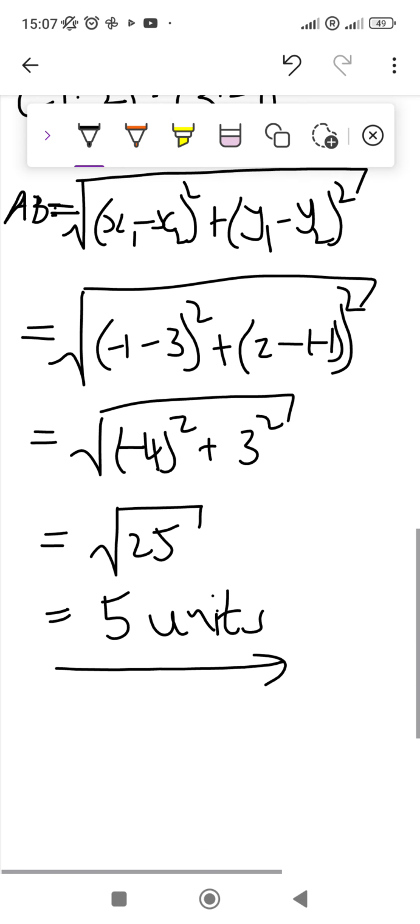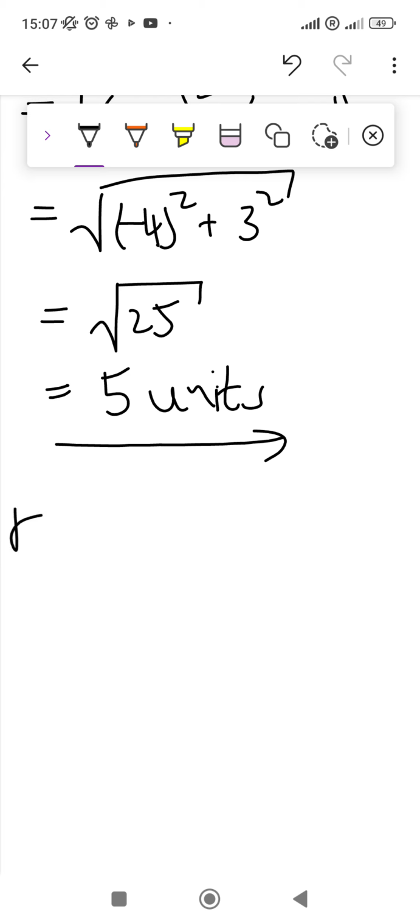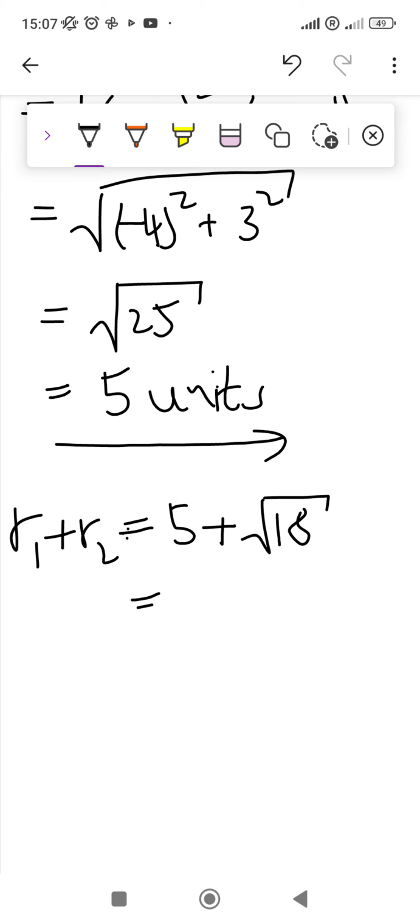So r1 plus r2 is going to be 5 plus square root of 18. All right, let's get a calculator quickly. And that is 9.24 units, right?